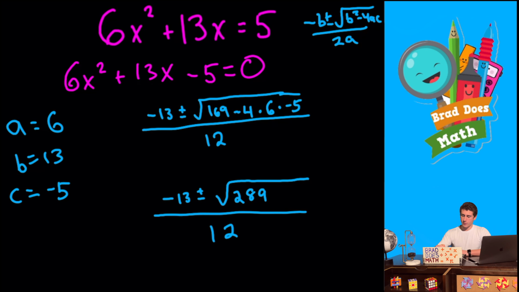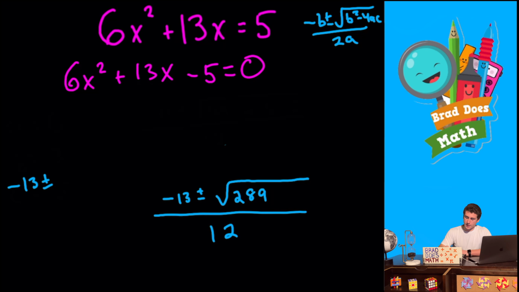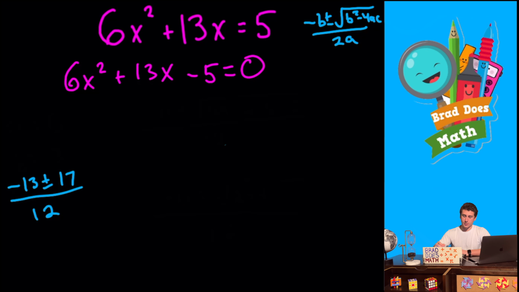And the square root of 289 is going to be 17. So negative 13 plus or minus 17 over 12. Okay, and that can be simplified. So break it into the two problems, negative 13 plus 17 over 12 and negative 13 minus 17 over 12.